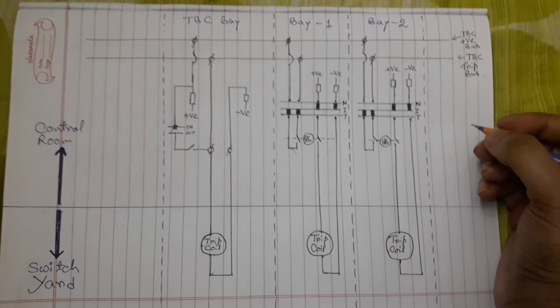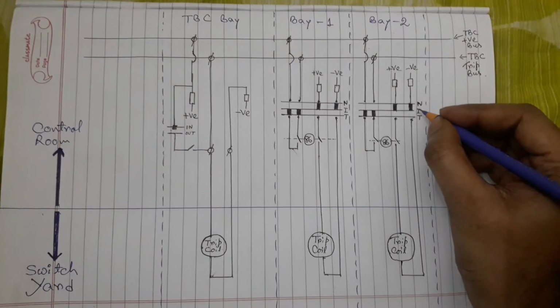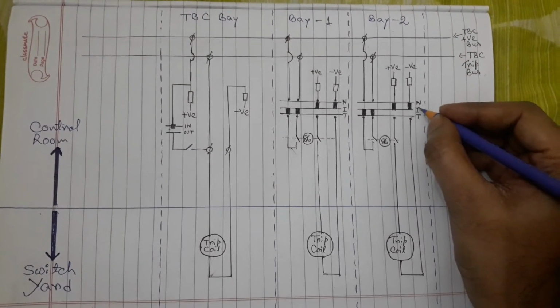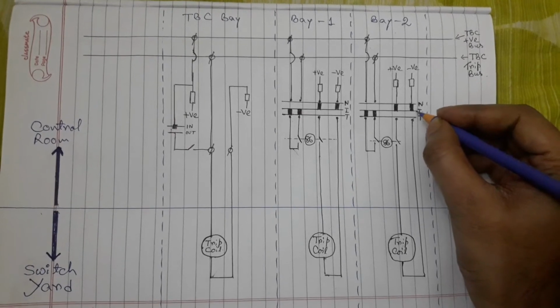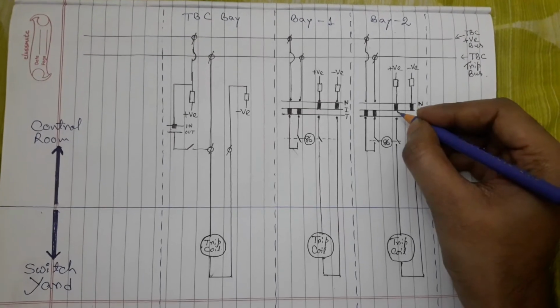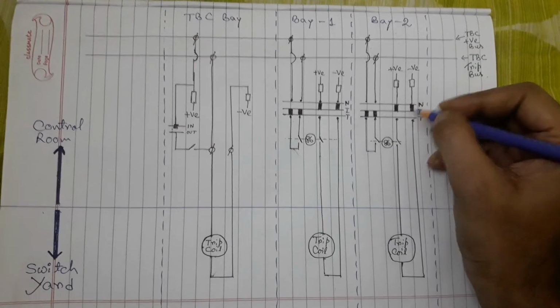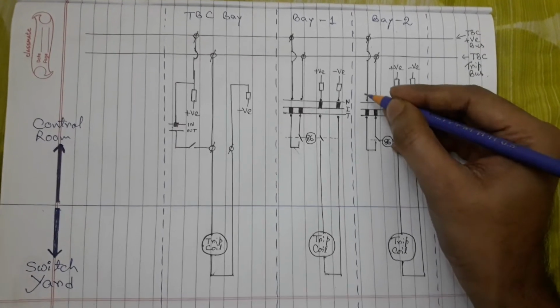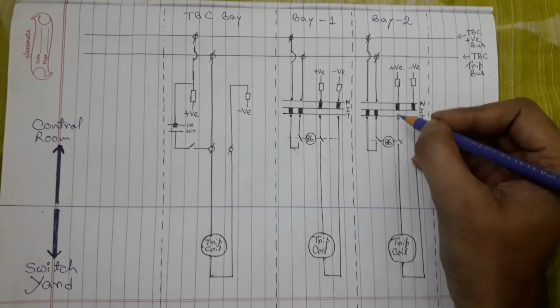Now how is this achieved? This is achieved by this switch also. In that condition, we generally keep the switch in inter condition. Then in inter condition, this path is continuous and this path is also continuous.